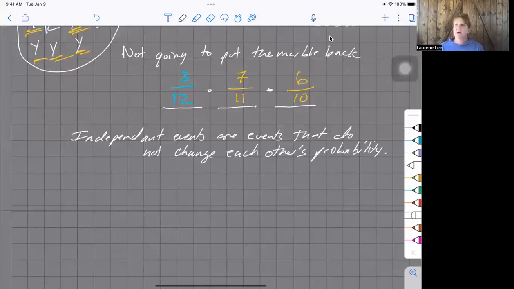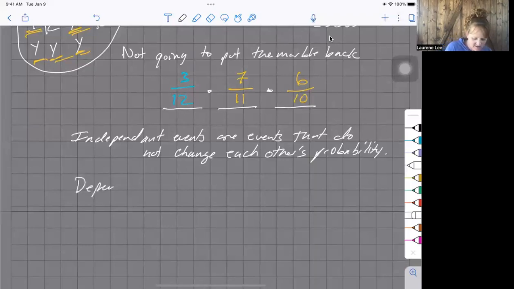Okay. But when my action changes the sample space in some way, that's what we call a dependent event. Dependent events affect each other's probability.